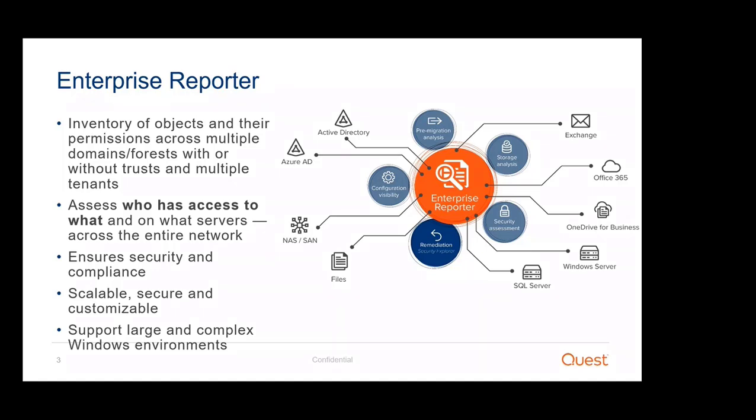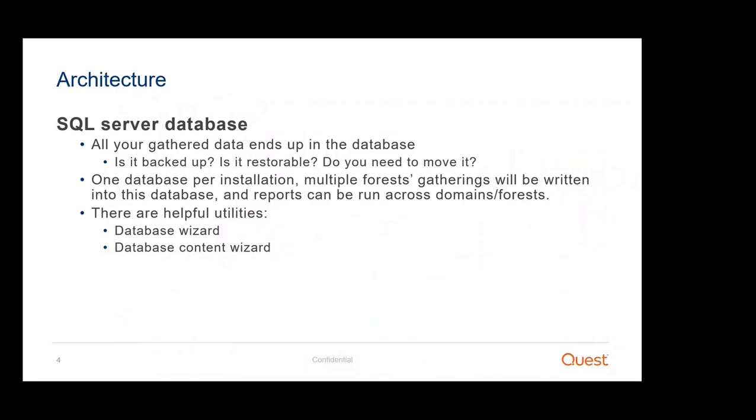This ensures security and compliance when you're using these reports to make sure that the access is controlled. All of the reports are scalable, secure, and customizable, and this will work with large, complex Windows environments, especially the hybrid environments that we're all enjoying today.